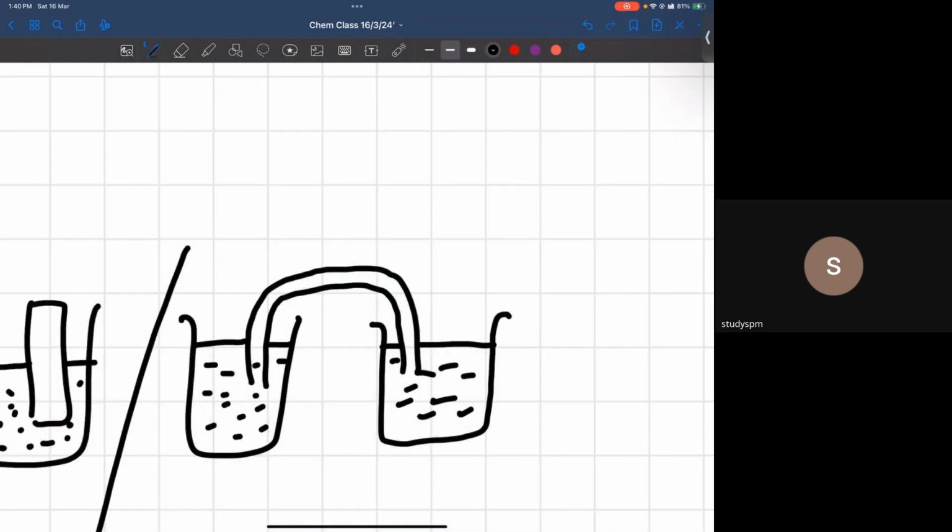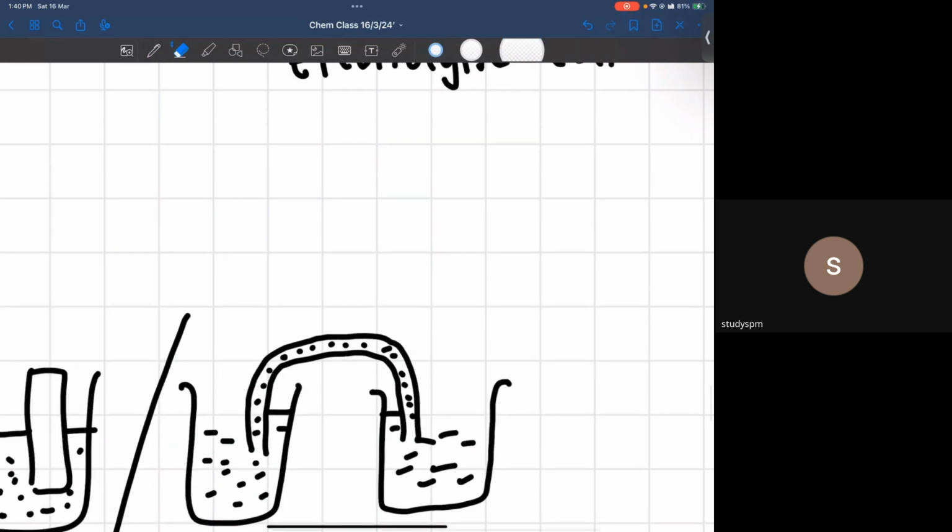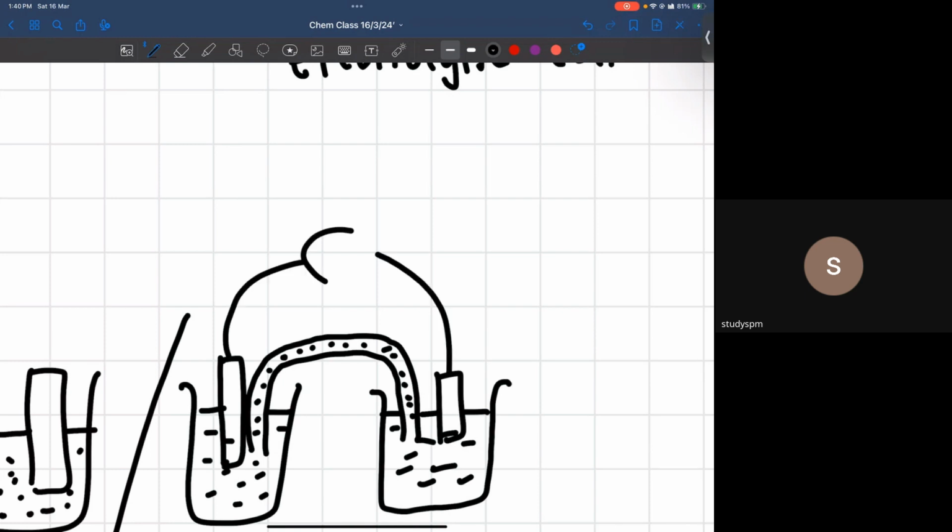Don't forget inside here must also be dotted because it's a solution. You wouldn't put solid inside. And we give space for the electrode. Like this, and then you connect with whatever apparatus you want.